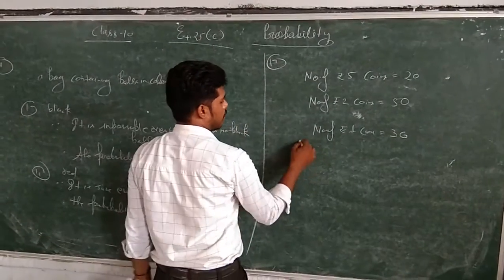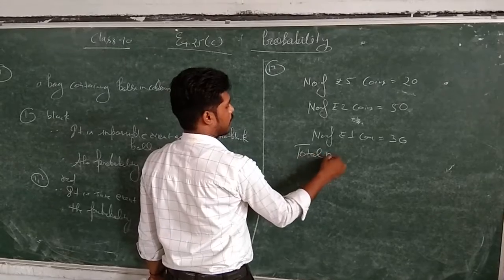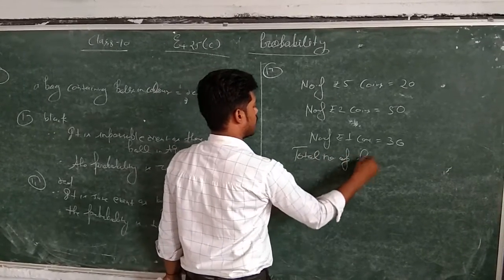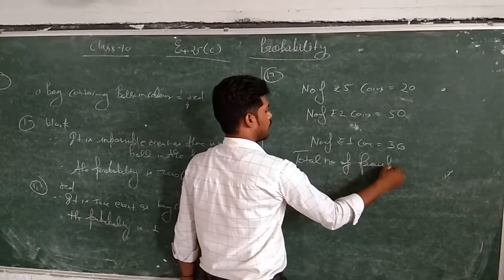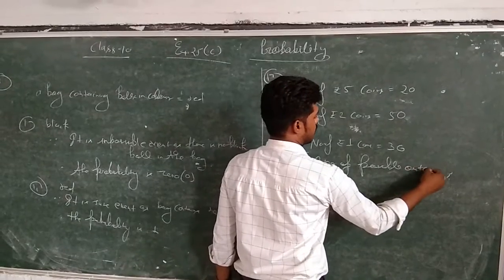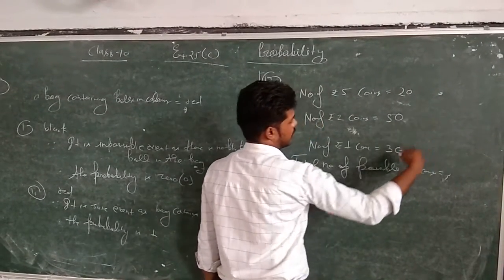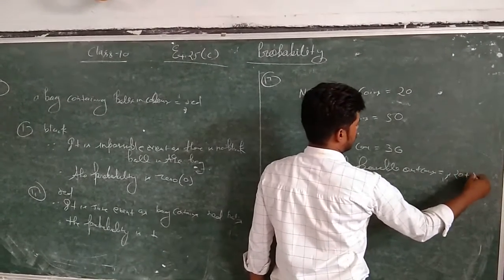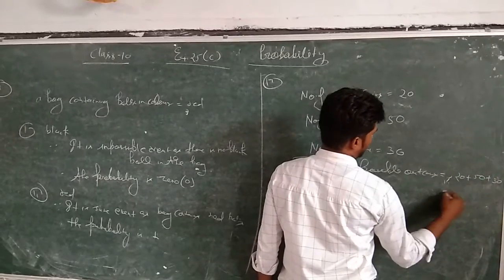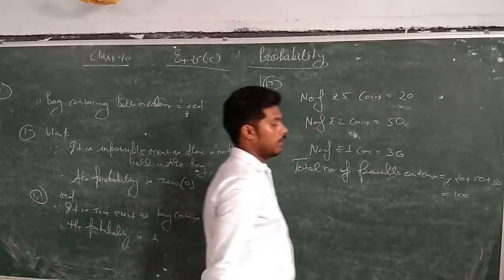So the total number of possible outcomes, adding 20 plus 50 plus 30, is equal to 100.